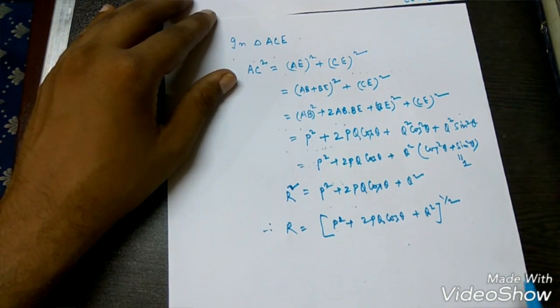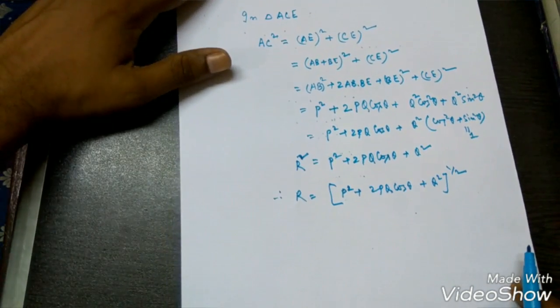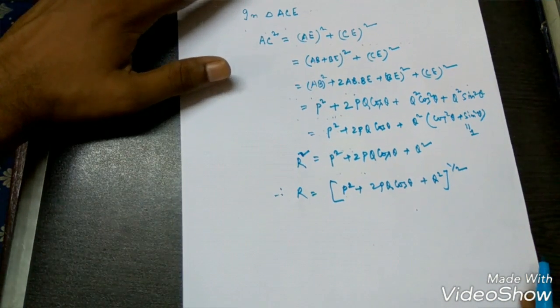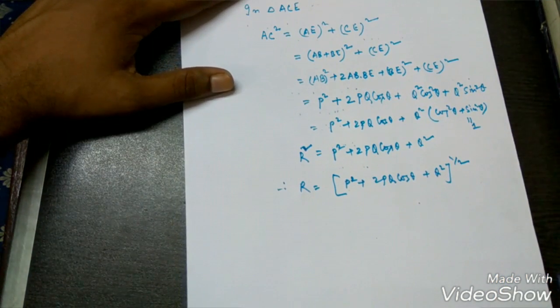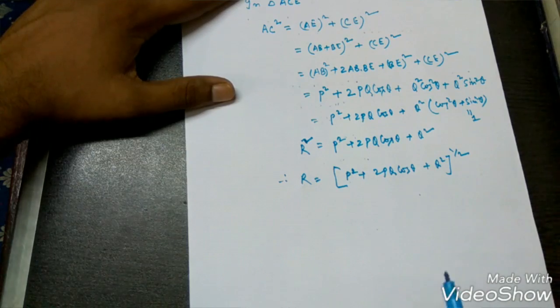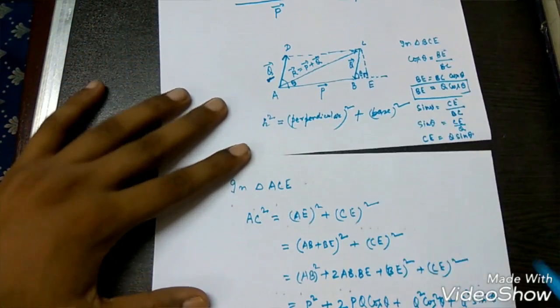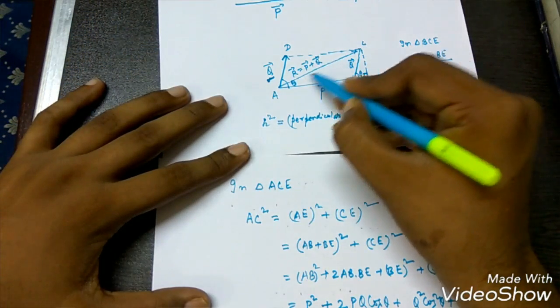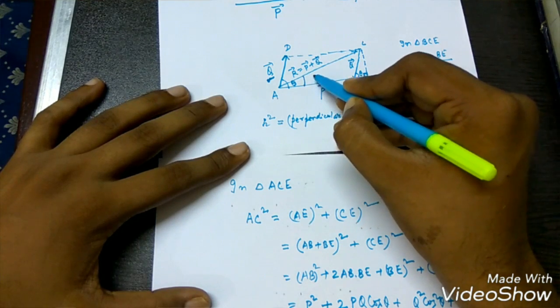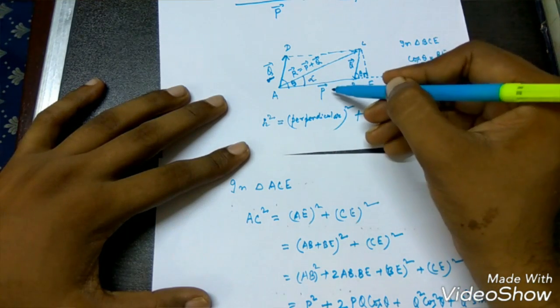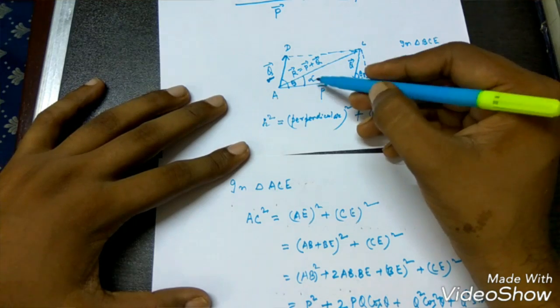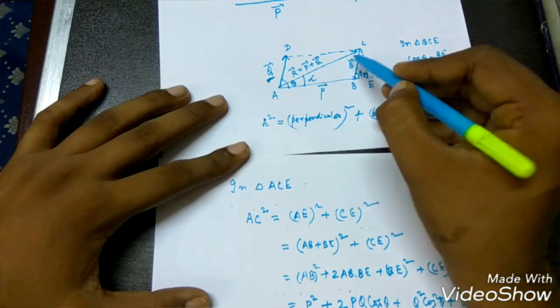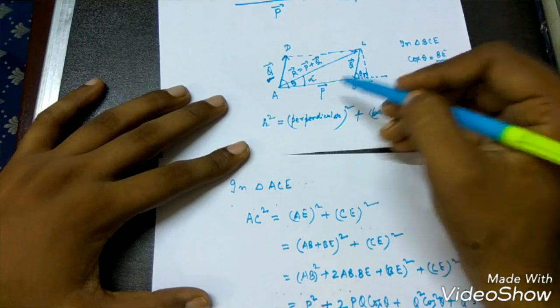And the second part is to find out the direction of the resultant. So let's start. Here again I am making an assumption that the resultant vector makes an angle alpha with the P vector. Okay, resultant AC is making an angle alpha with the P vector.